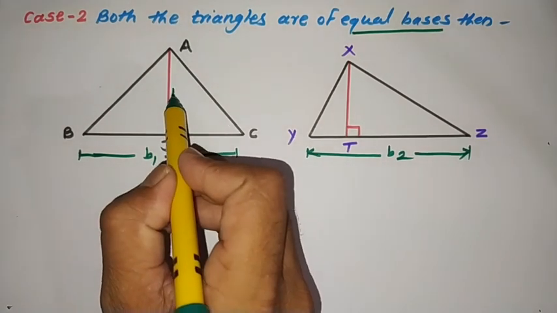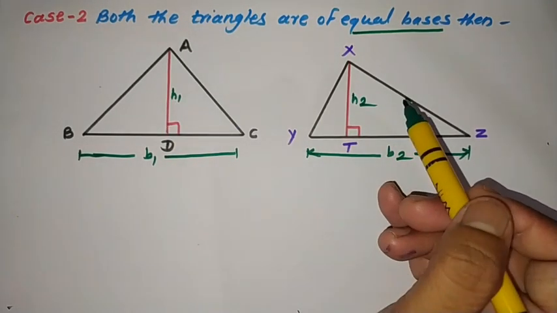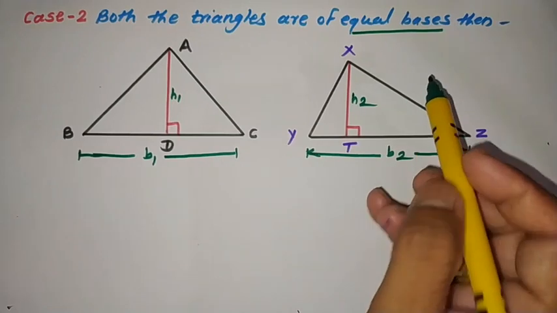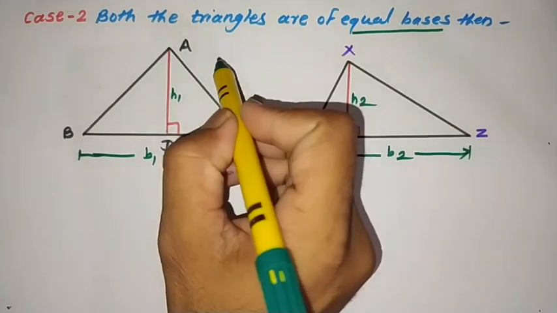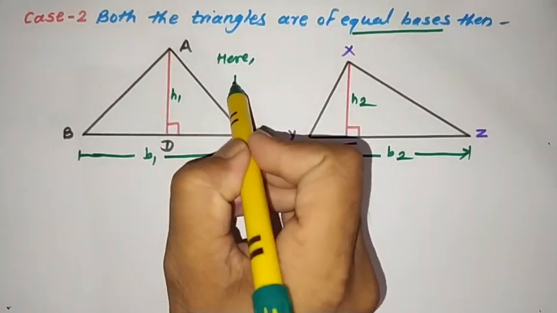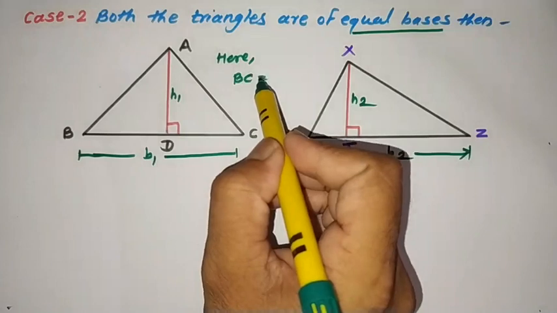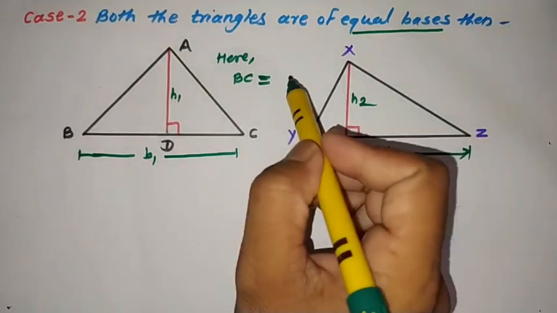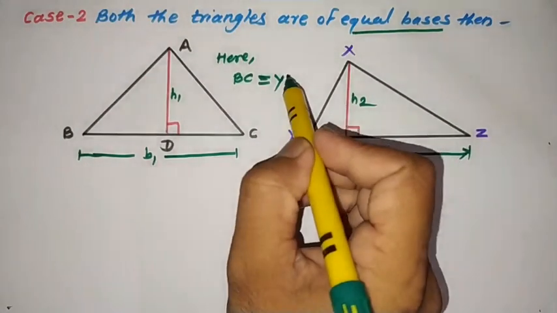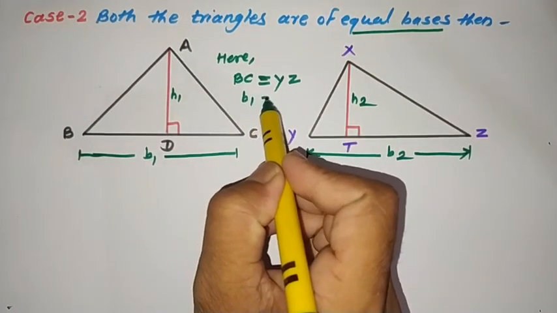First triangle has height H1 and second triangle has height H2. Here BC is equal to YZ. BC and YZ are the bases of these triangles, and therefore B1 is equal to B2.